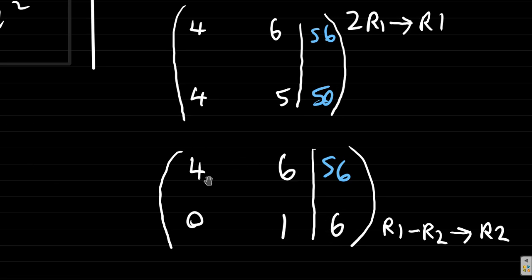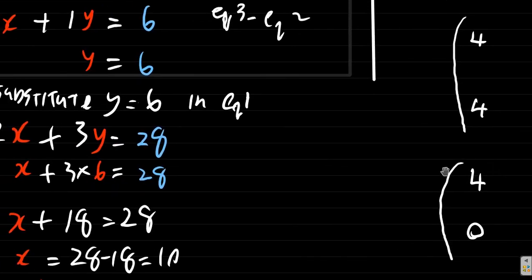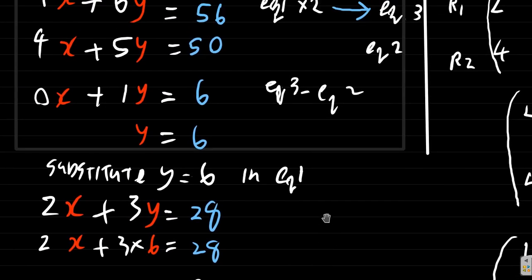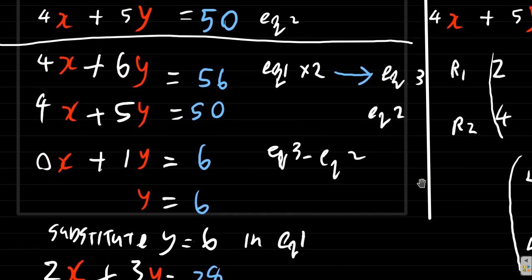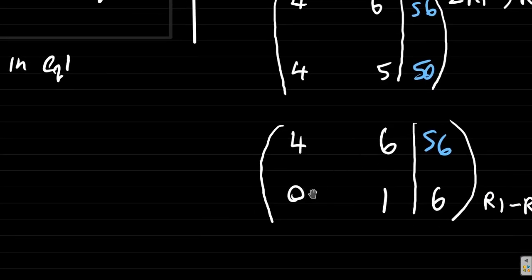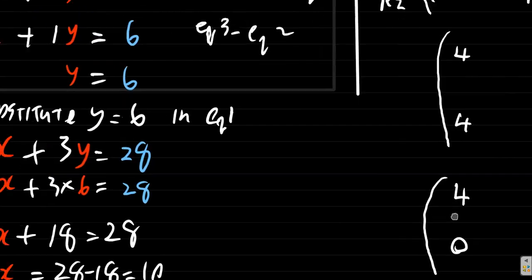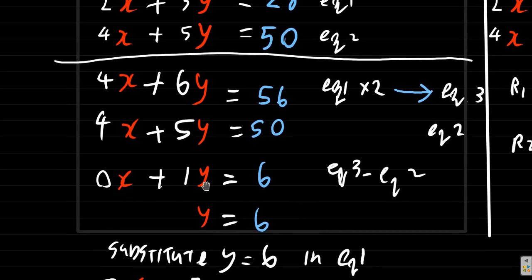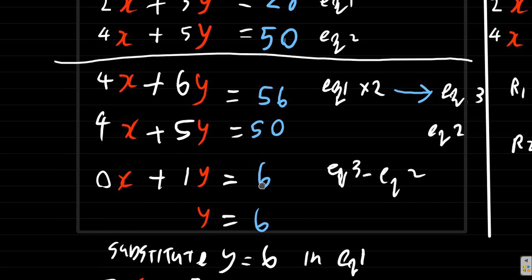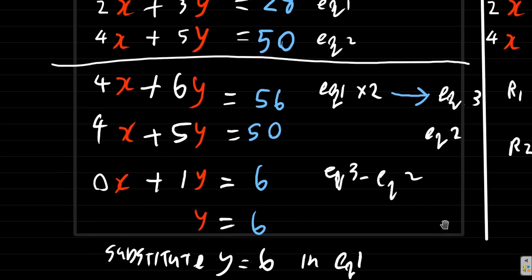Now notice 4, 6 and 56: 4x plus 6y equals 56. You have 0, 1 and 6 in row 2. Equation 2, 0, 1 and 6. So you can see how they correspond.